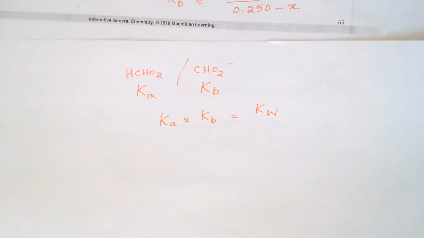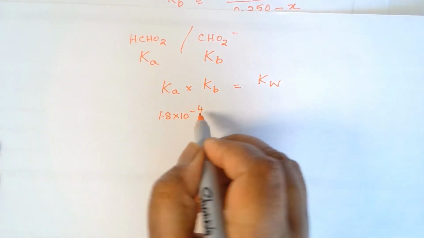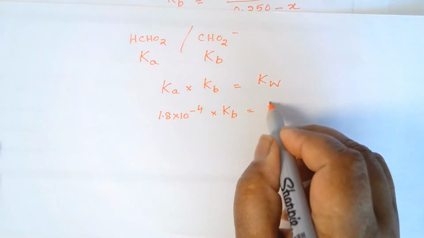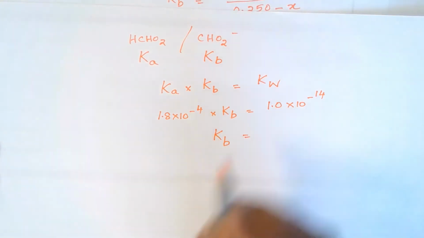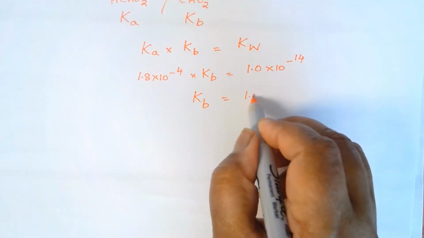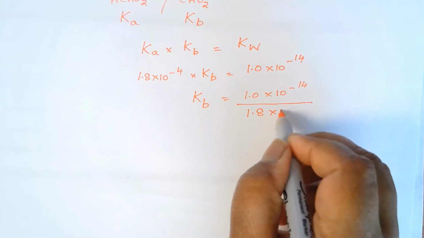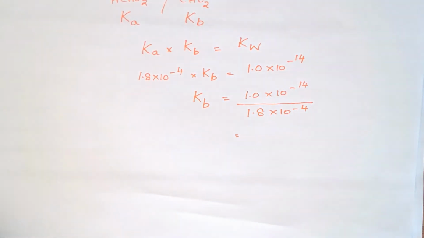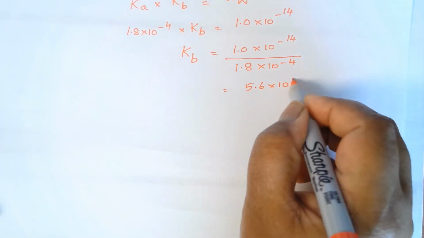So we know Ka, it's given in the problem. It's 1.8 times 10 to the negative 4. You can find Kb. Kw is 1.0 times 10 to the negative 14. So you should be able to find Kb. Now Kb is 5.6 times 10 to the negative 11.